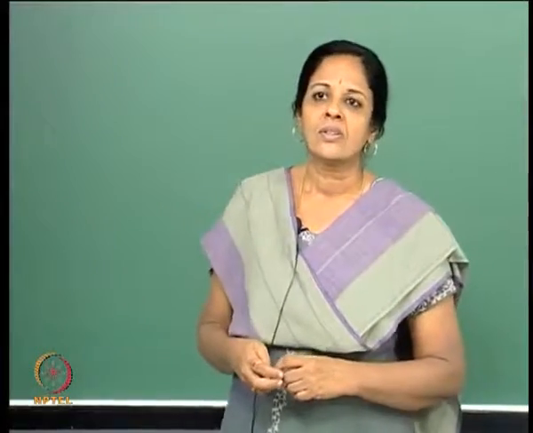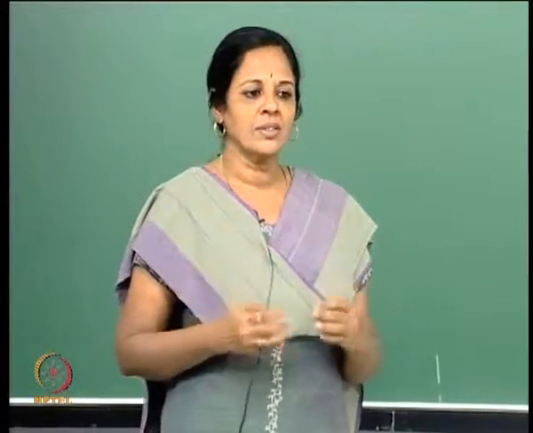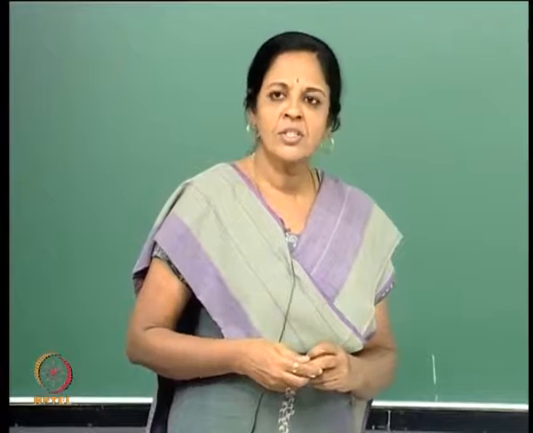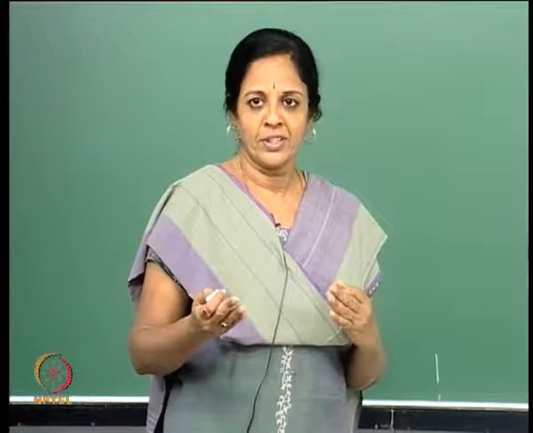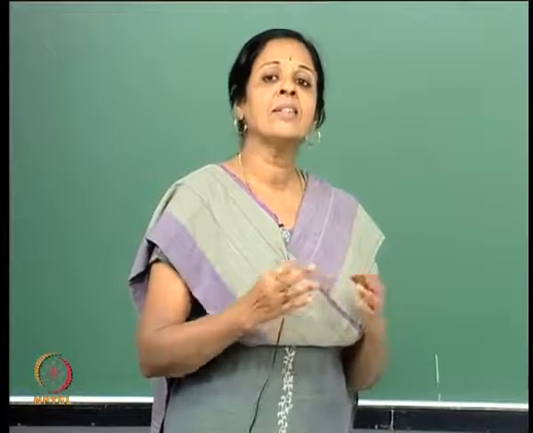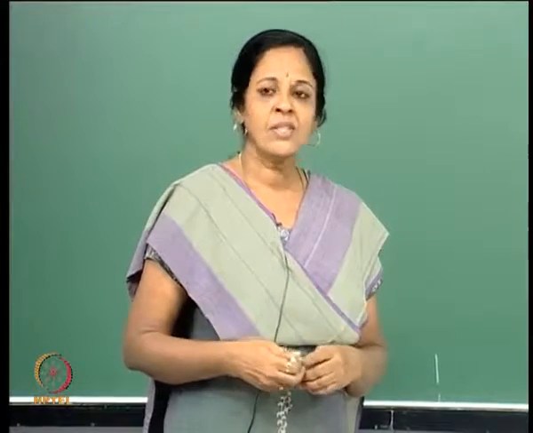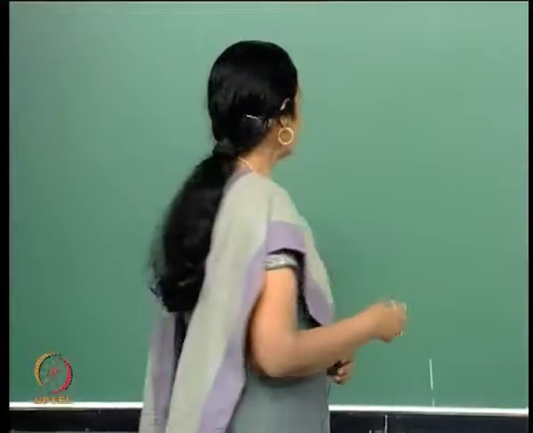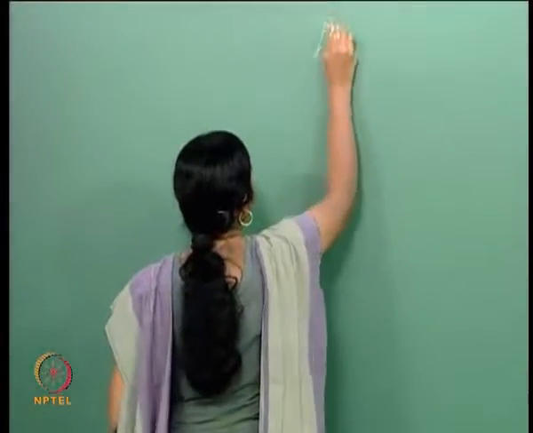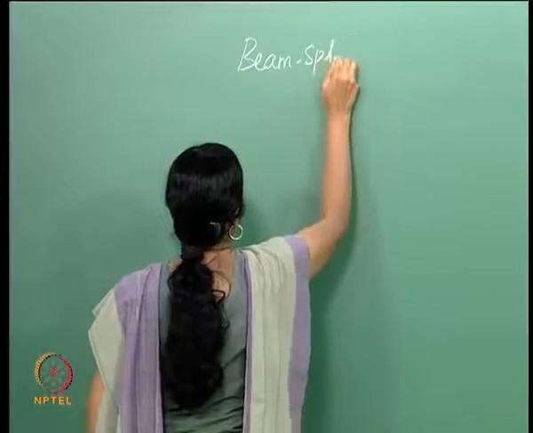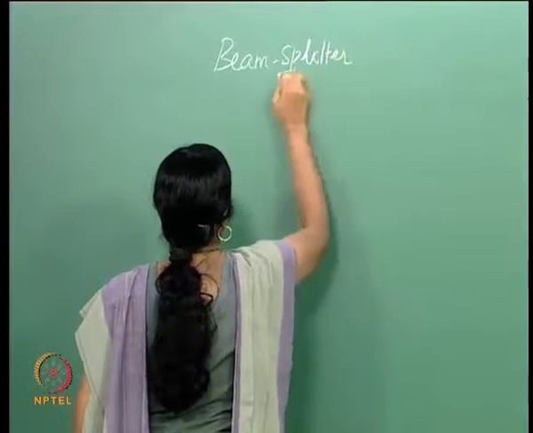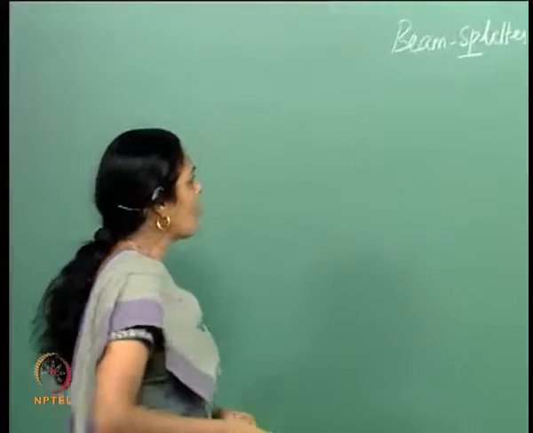So now I want to consider another physical situation where I would use two sets of operators, A, A dagger and B, B dagger. This is the quantum beam splitter. So I have this beam splitter, and it's quantum.